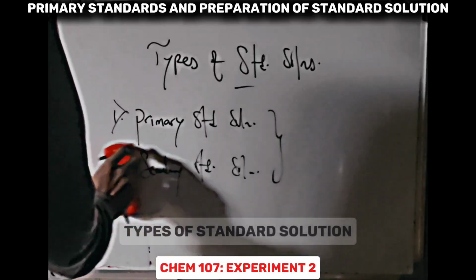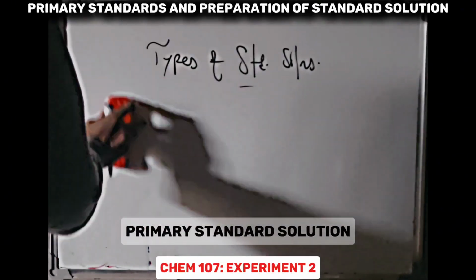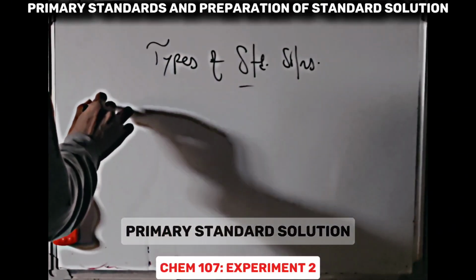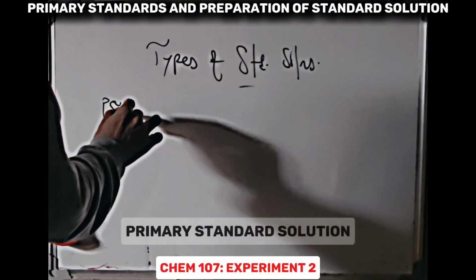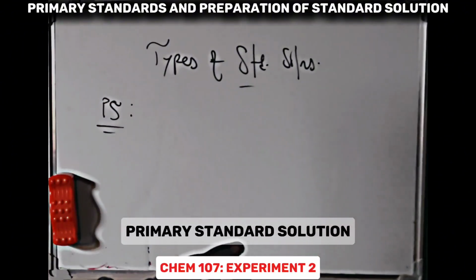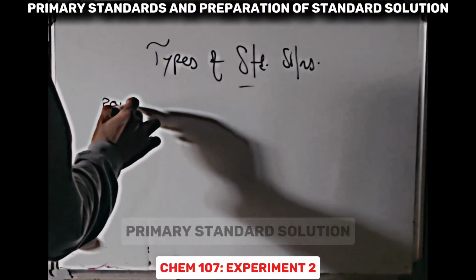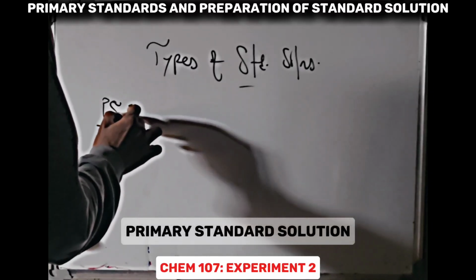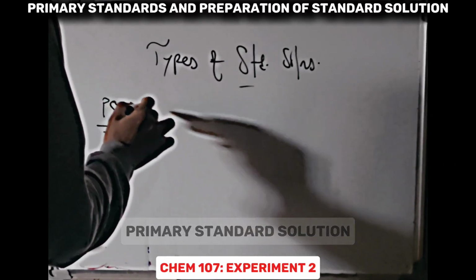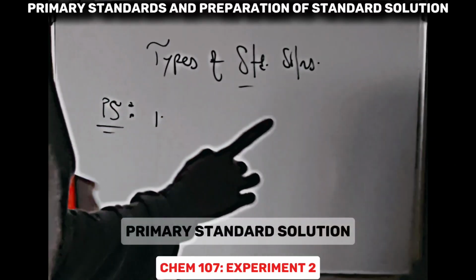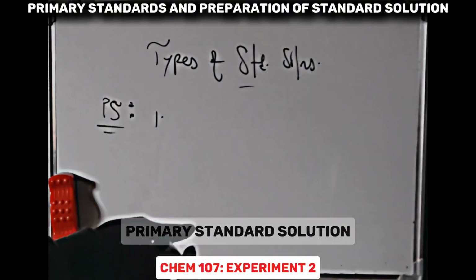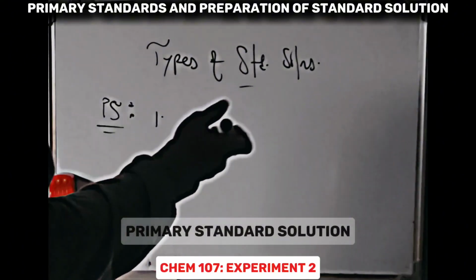The primary standard solution is a solution of a substance with a known exact concentration, with the following requirements. If you look into your manual, you will see some of them.